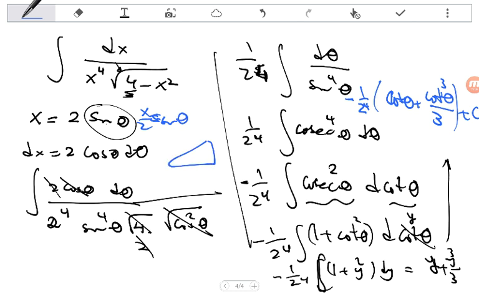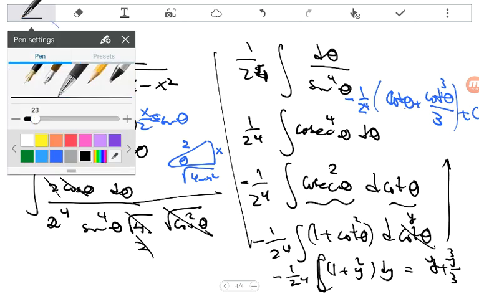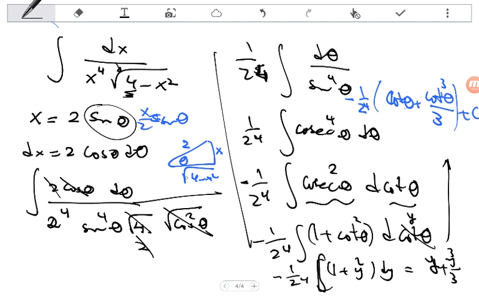We make the triangle of theta, with x over 2. This side will be root of 4 minus x squared, and we need cotan theta. What is cotan theta from this? It will be root 4 minus x squared over x.